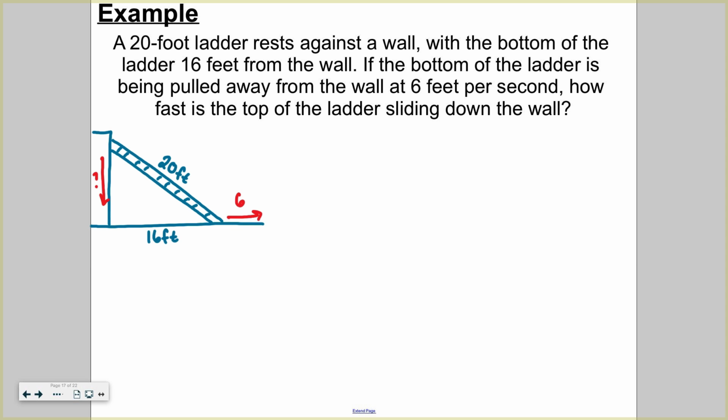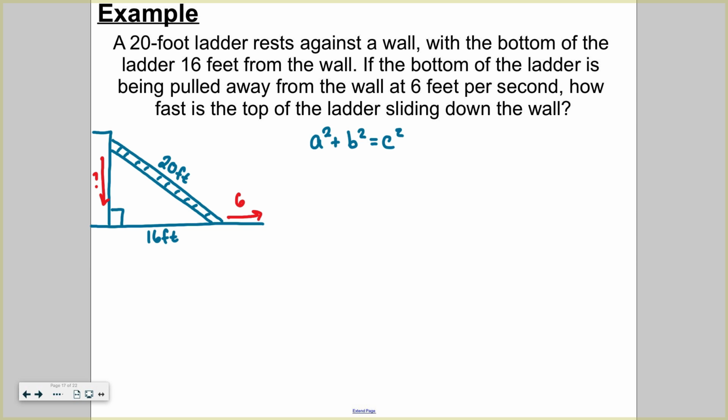Alright, so now we have to figure out what formula we're going to use here. At first this is tricky, like what formula would we actually use? Well, we have a right triangle, and we are dealing with just the sides of a right triangle, so the formula that should come to mind is the Pythagorean theorem: a squared plus b squared equals c squared.